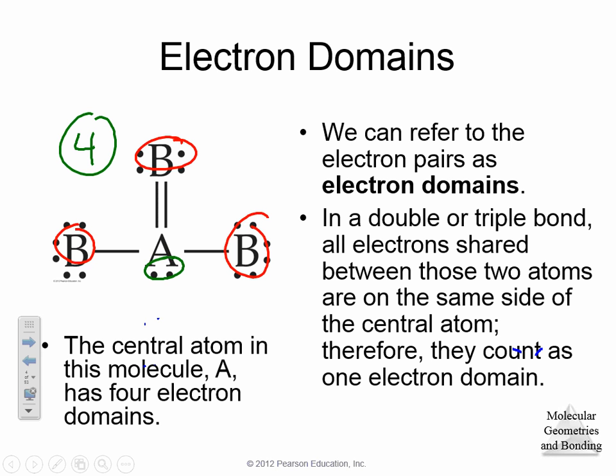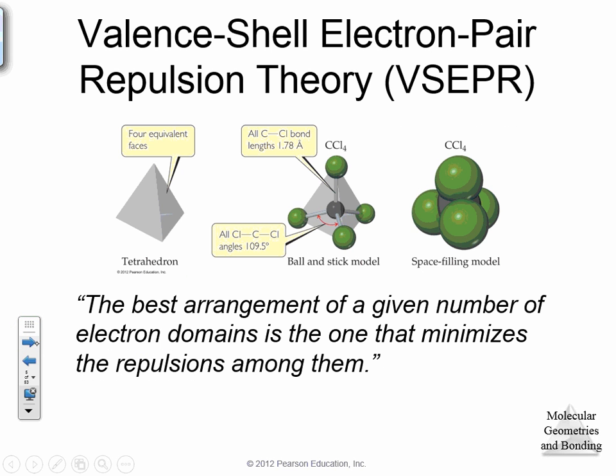A, the number of atoms bonded to the central atom, and B, the number of unshared pairs or married couples on the center atom. So we have 4 domains here, and there's a variety of ways those 4 domains can be arranged, and we'll talk about that momentarily. Valence shell electron pair repulsion theory, or the VSEPR theory, really tells us what is going to be the best arrangement given the electron domain.